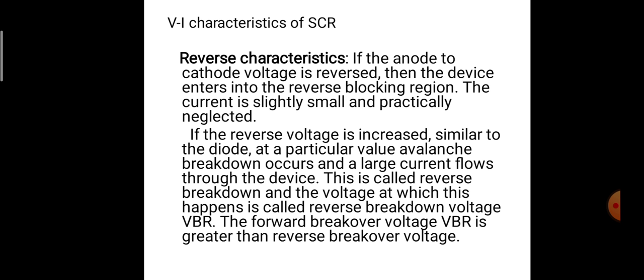This is called reverse breakdown, and the voltage at which this happens is called the reverse breakdown voltage VBR. The forward breakover voltage VBO is greater than the reverse breakdown voltage.